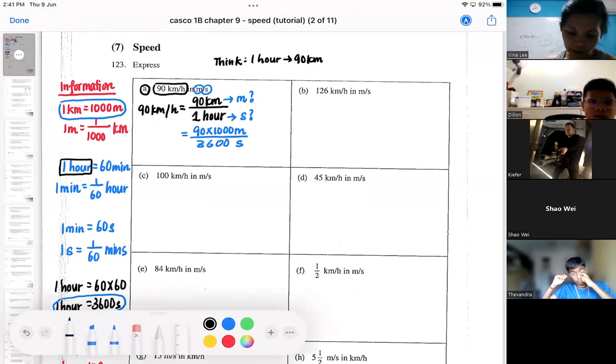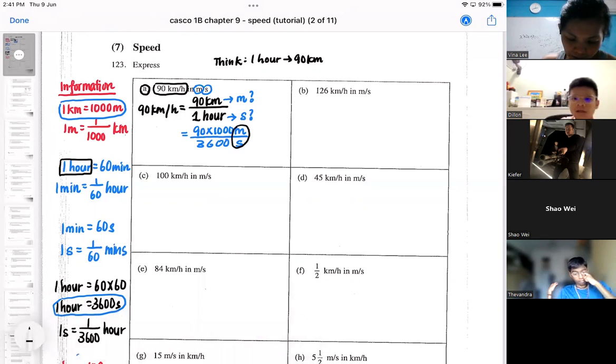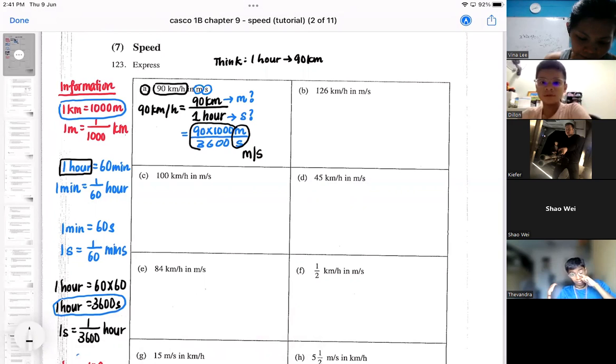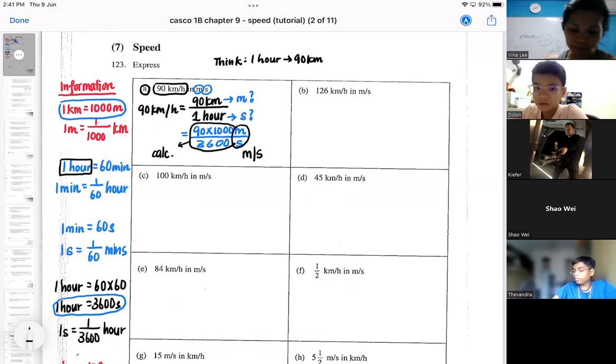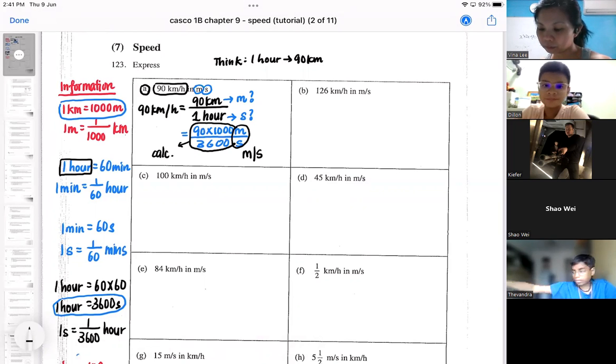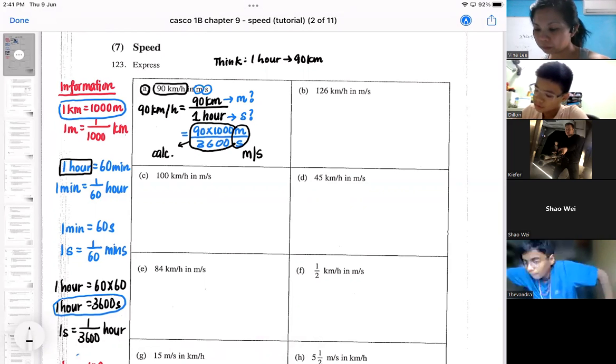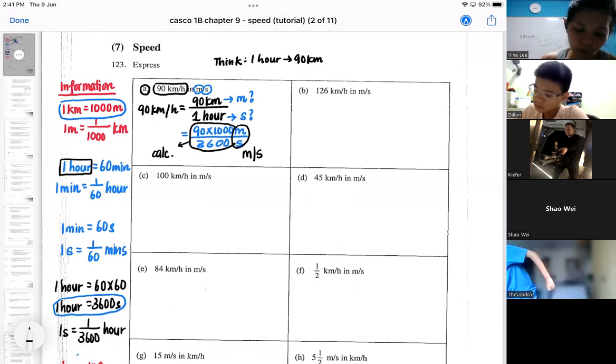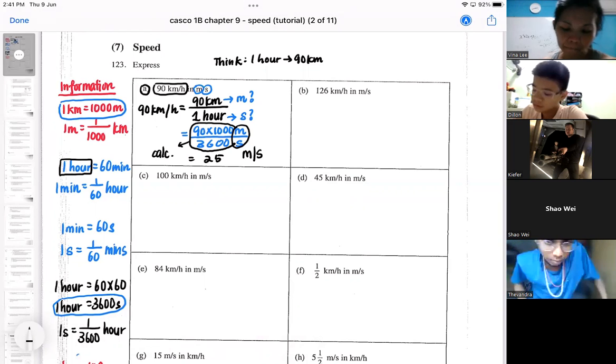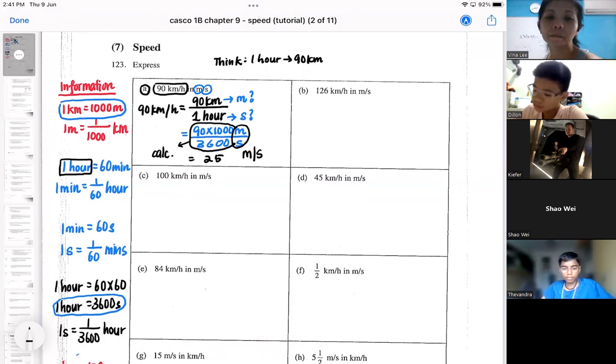Then you punch it on your calculator and you will get 25 meters per second.